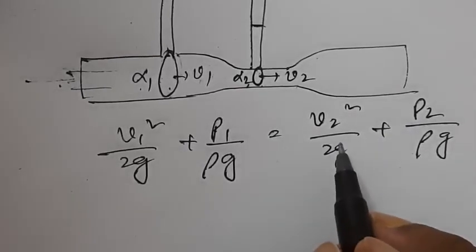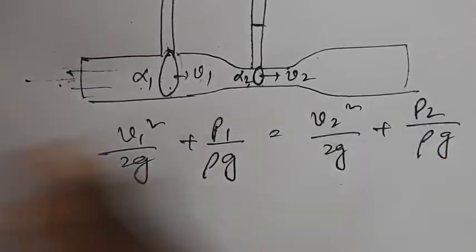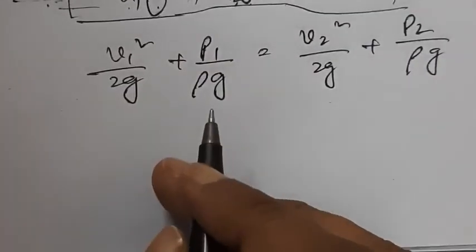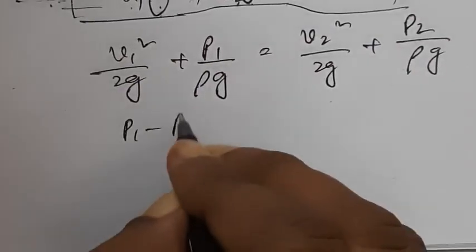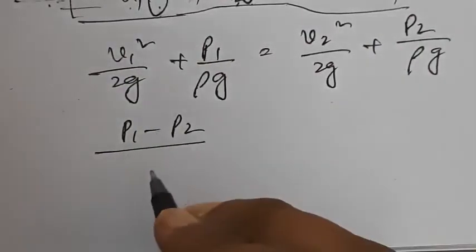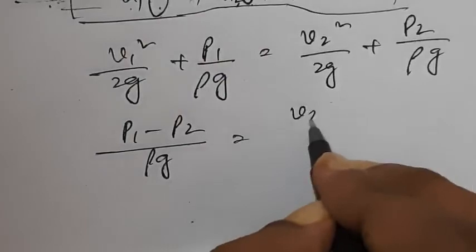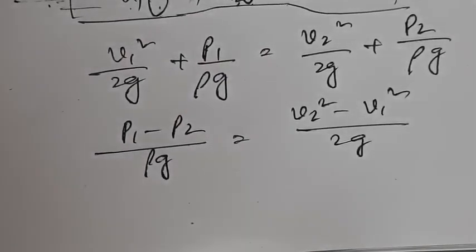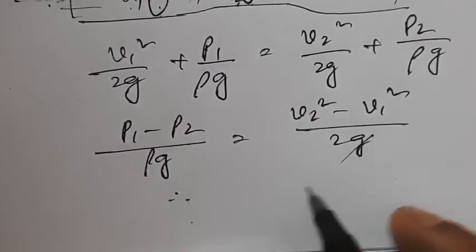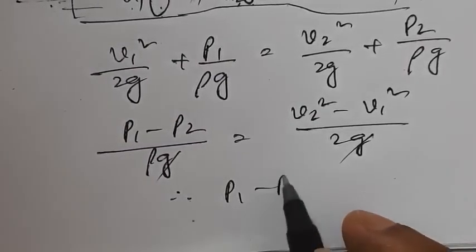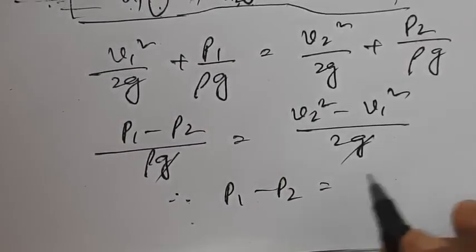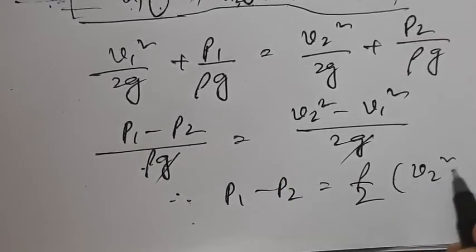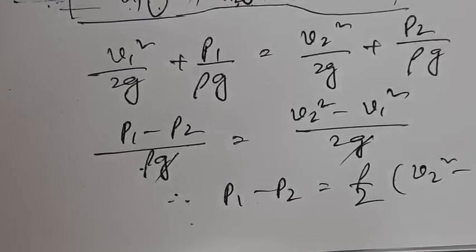Now we can take the velocities onto one side and the pressures onto the other side. So we can write (P1 minus P2) by rho g is equal to (V2 square minus V1 square) by 2g. So g and g get cancelled. P1 minus P2 is equal to rho by 2 times (V2 square minus V1 square).